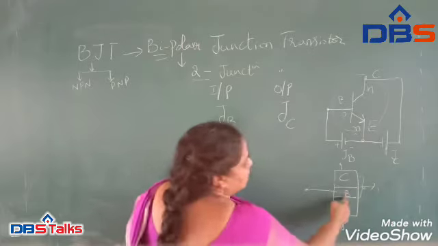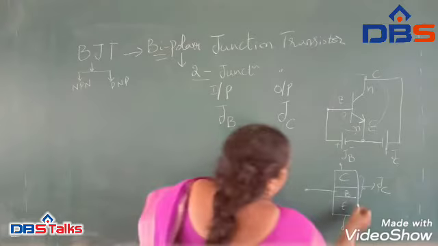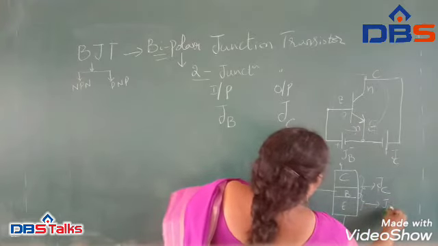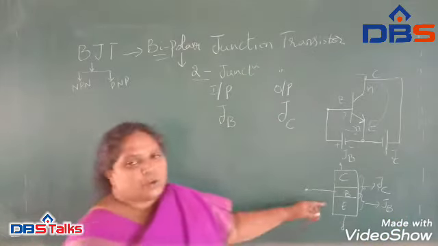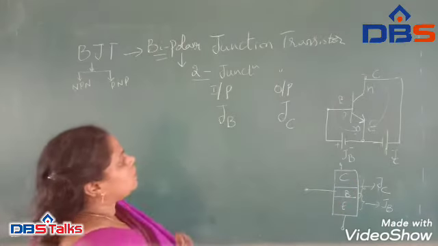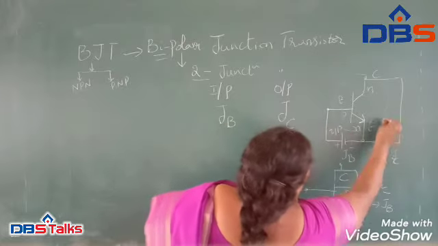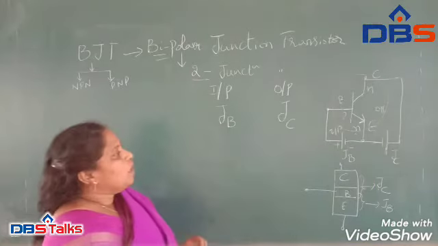The collector to base junction we can call the collector junction, and the base to emitter junction we can call the base junction. So these two are the input junction and the output junction.